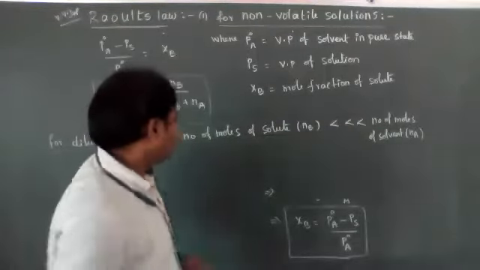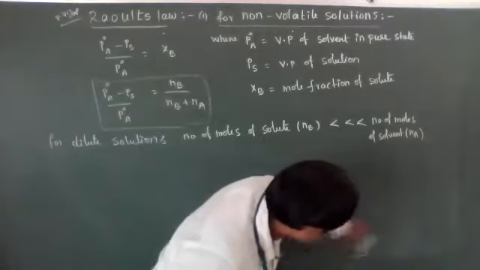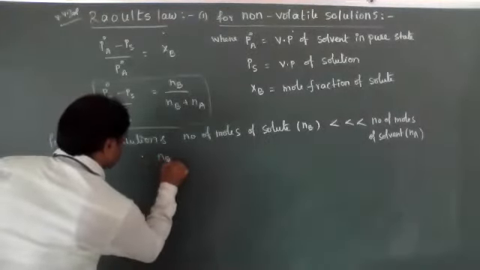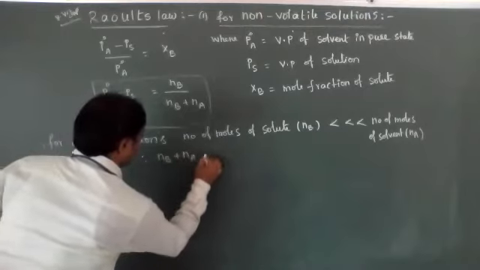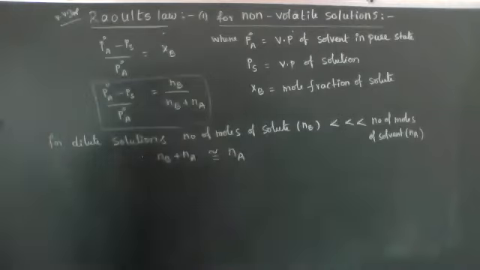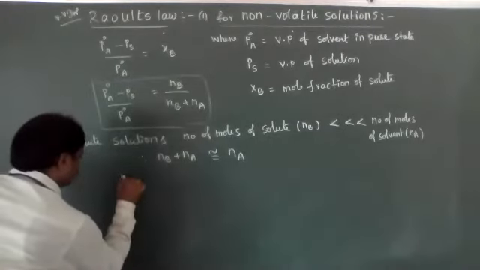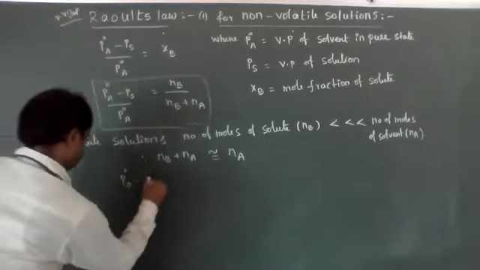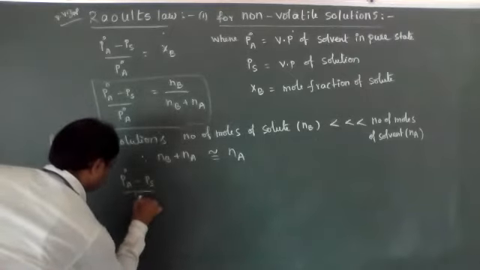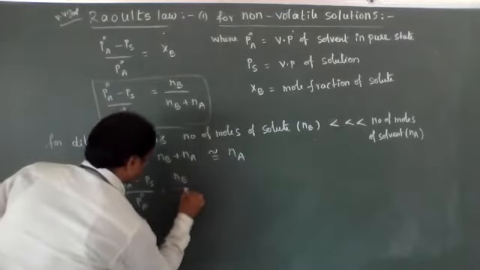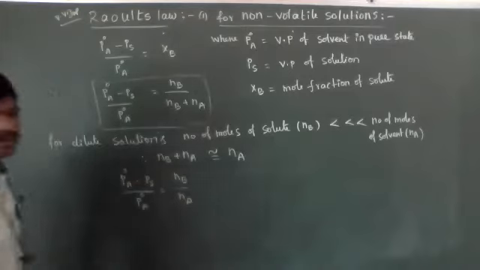So that's why the denominator, how is the denominator changing, dear students? Therefore NB plus NA we have to consider as NA only. Then this equation becomes (P naught A minus PS) by P naught A is equal to number of moles of solute divided by number of moles of solvent only.